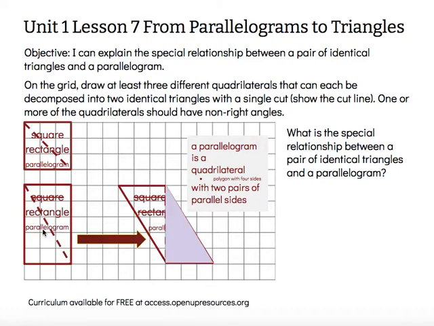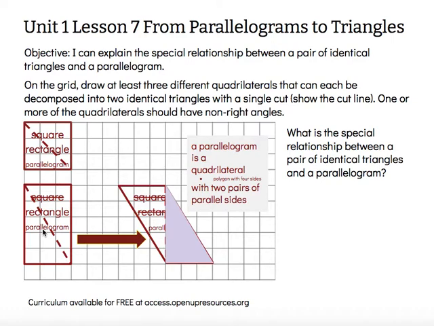So the purpose of today is to recognize that relationship between the triangles that make up the parallelogram. So just like before, when we considered that a parallelogram can be decomposed and rearranged into a rectangle, we can also consider the number of triangles inside of this parallelogram. So that question that just rewords our objective says, what is the special relationship between a pair of identical triangles and a parallelogram?